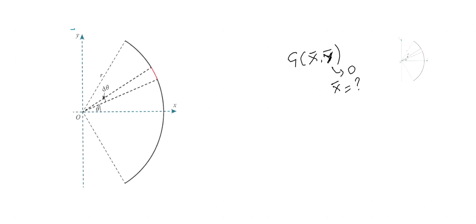Look at this portion here. The angle theta is so small that the portion I have marked with red is almost like a straight line. It's not curved.